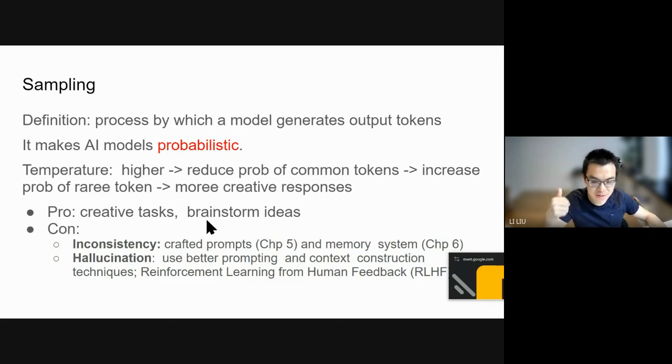One is inconsistency, which chapter 5 will talk more about. The information I listed here are the current techniques to get around that, but it's not a perfect solution right now. One is crafted prompts: give better prompts to let the model give more consistent answers. Another is having a memory system.